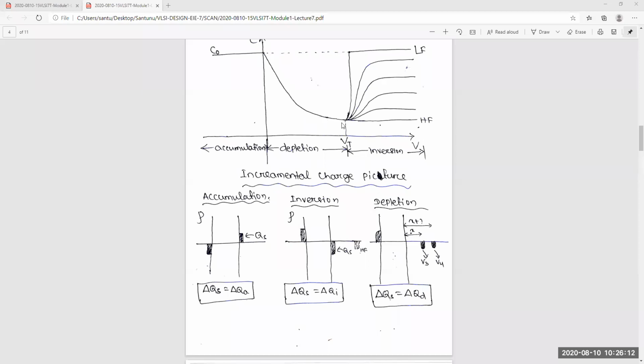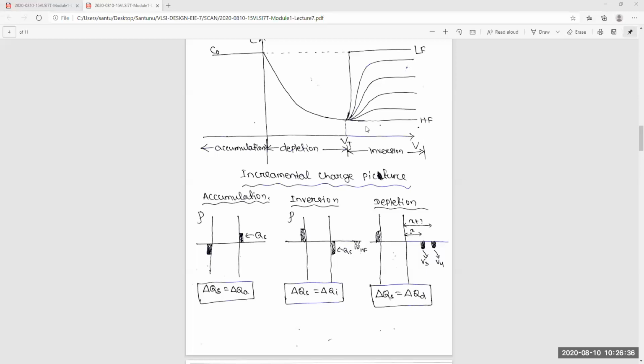Okay. And you can ask here why it is constant, why after threshold voltage it will not decrease anymore. Anyone give the answer? After threshold voltage, why does the capacitance value not decrease anymore?